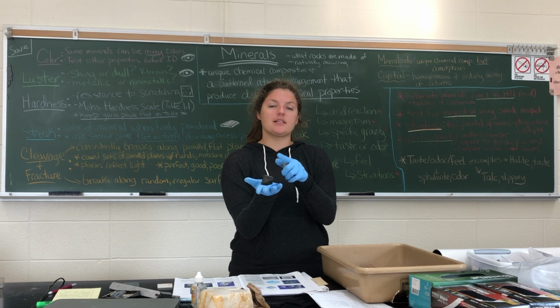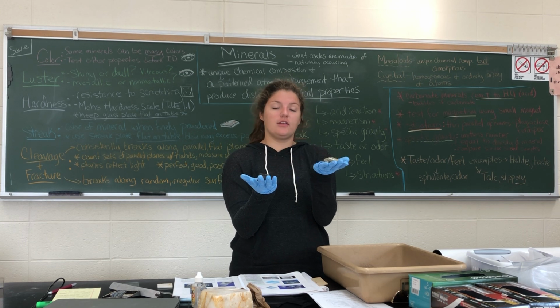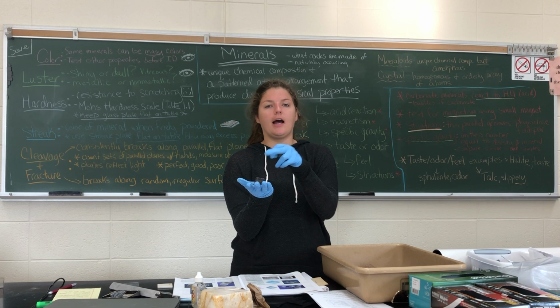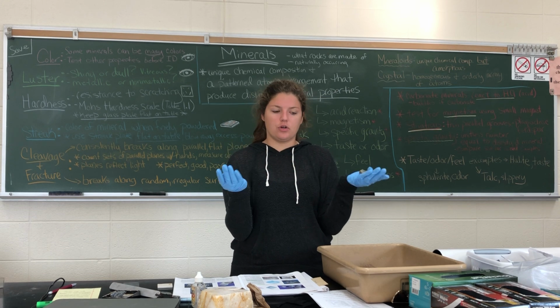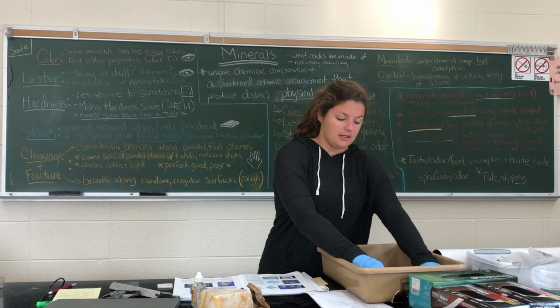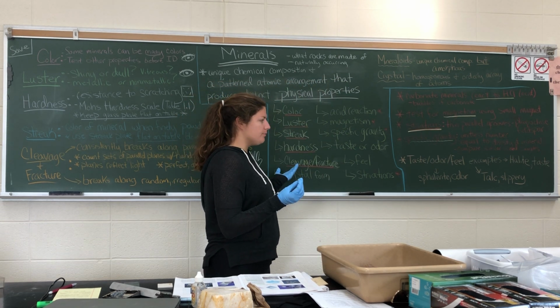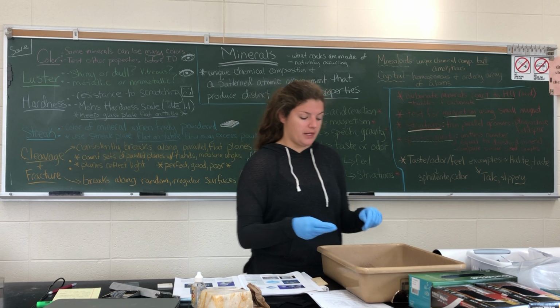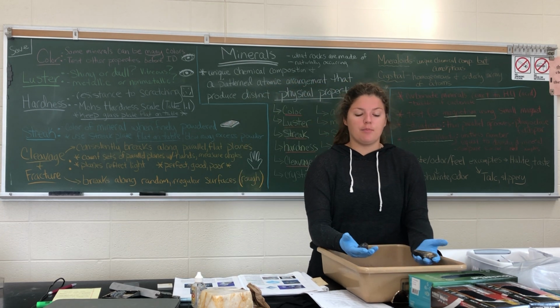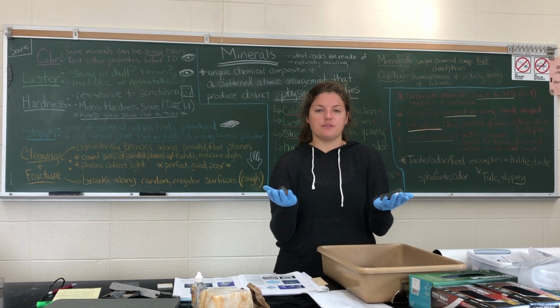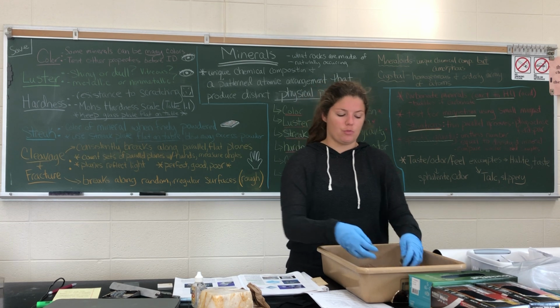That means that this one has a higher specific gravity than this one. A higher density, a higher specific gravity. The two go hand in hand. You're not going to need to test for specific gravity, but it is an important physical property to note because it is easily done by comparing two minerals of similar size and determining which one's more dense than the other.